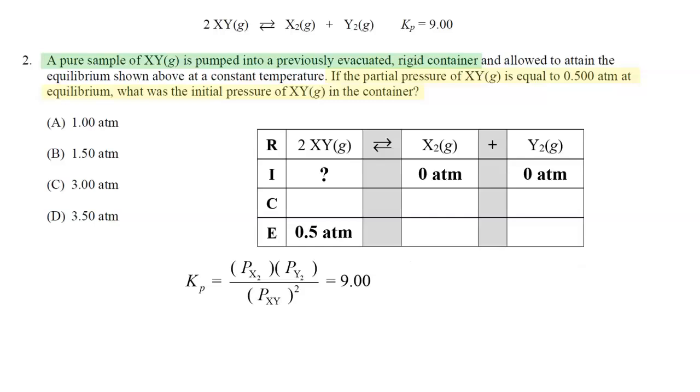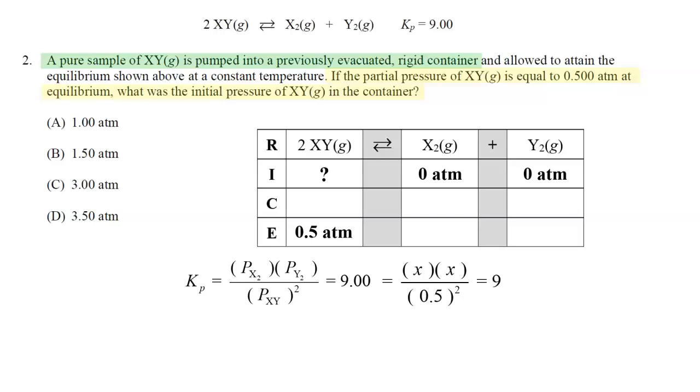So those partial pressures should be the same at equilibrium. So I'm going to go ahead and just call them X and X at the moment. The partial pressure of XY is 0.5 at equilibrium, so that's plugged into the Kp expression. So now we have a mathematical equation we can go ahead and solve for X, which represents the partial pressure of substances X2 and Y2.